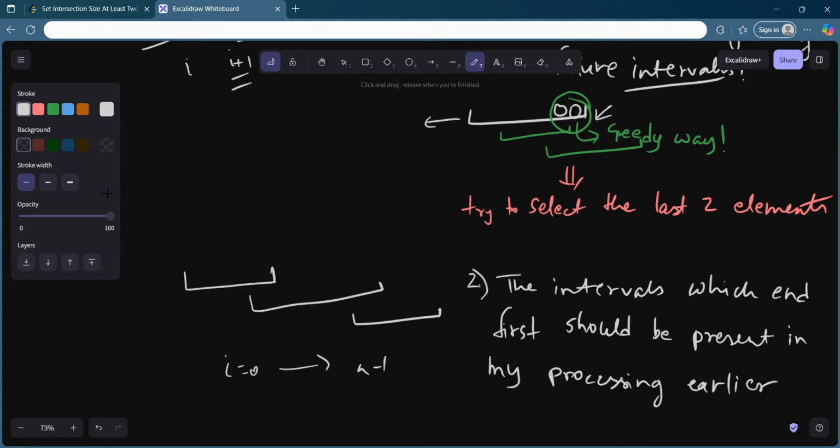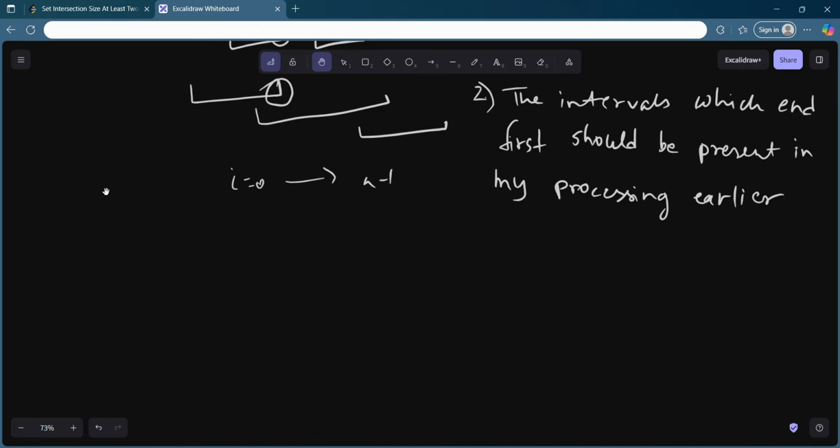I hope you do understand, right? The intervals which are ending first. There are many intervals, so I want the ones which are ending first to be present at the first, so that I am able to do my greedy job properly.